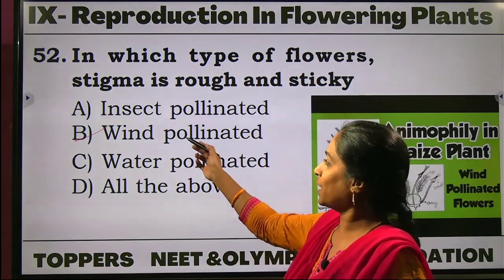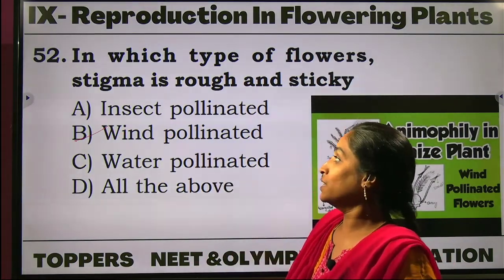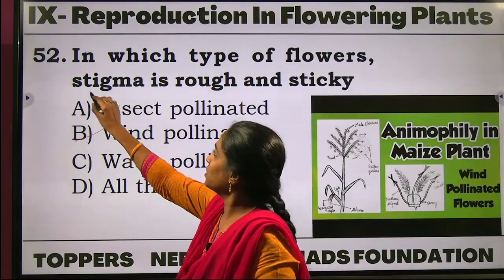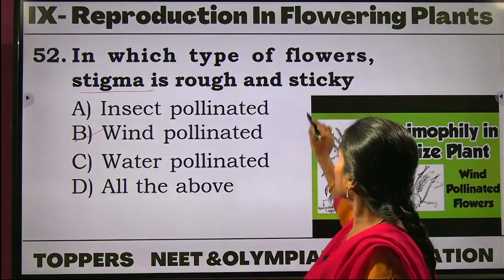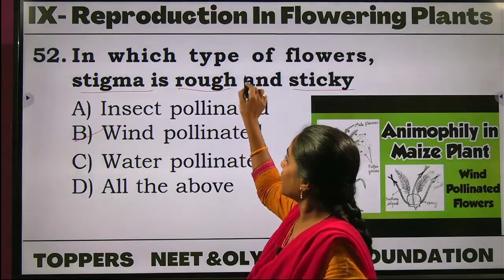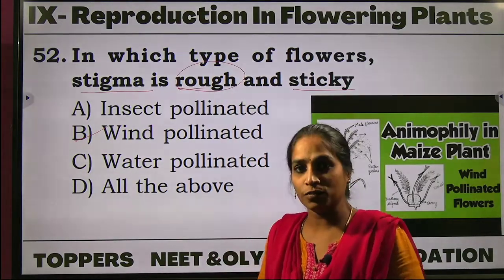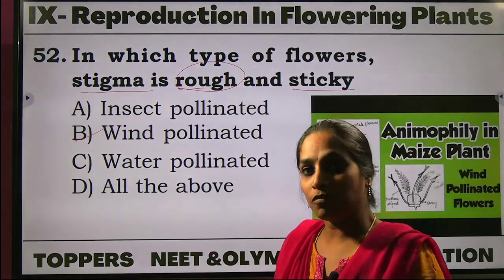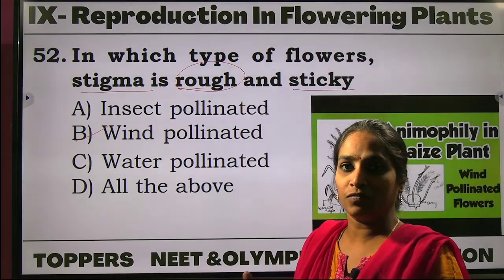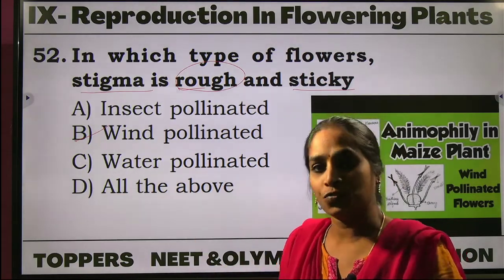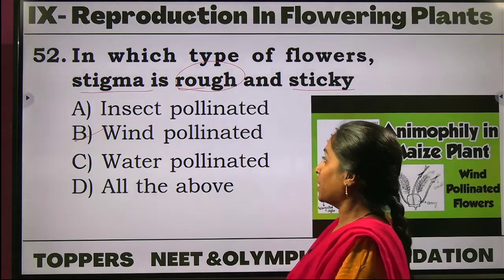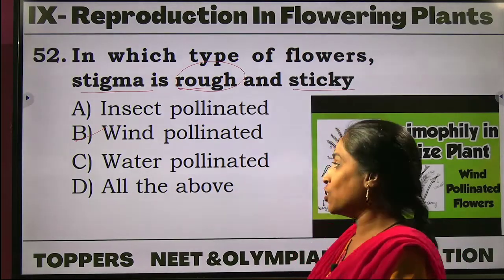In that kind of flower we can observe the stigma in a sticky and rough condition. If they are sticky and rough, then we can observe pollination through the wind, where pollen grains are transferred from the anther to the stigma of the flowers.